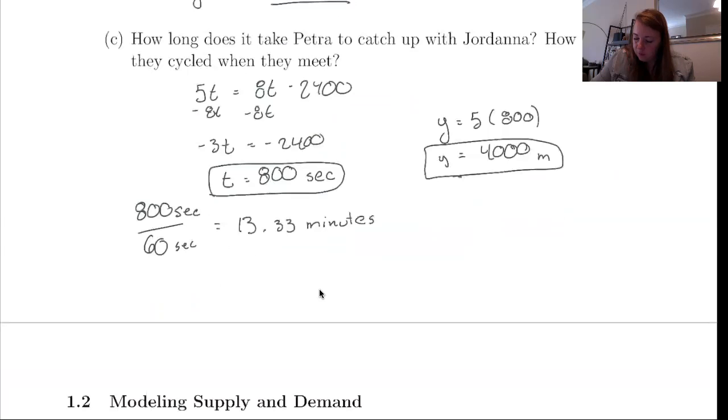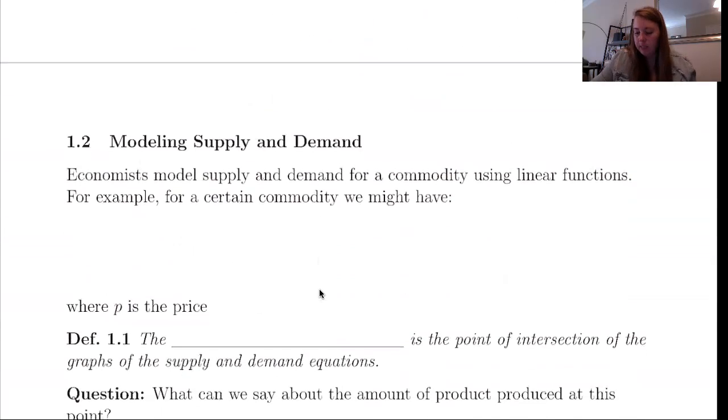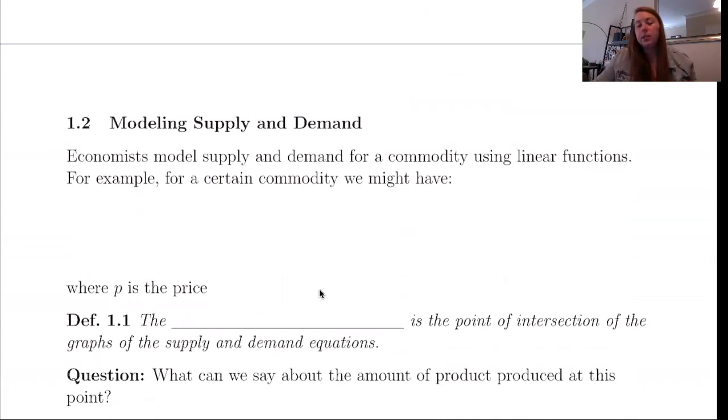Beautiful. All right, cool. So with these linear models, we can also apply it to business stuff. So like supply and demand. So economists model supply and demand for a commodity using linear functions.